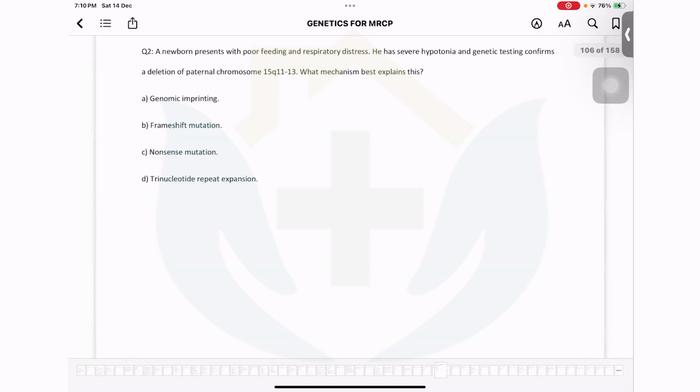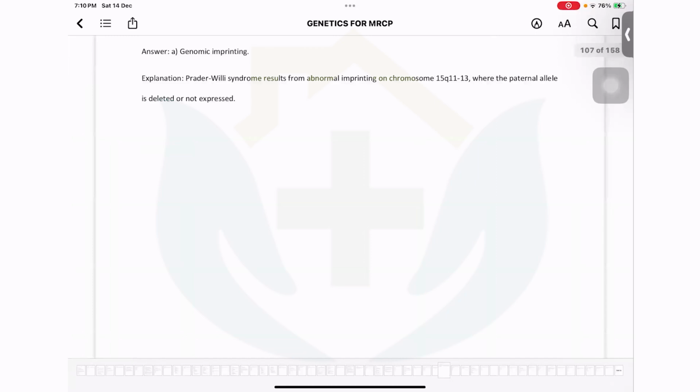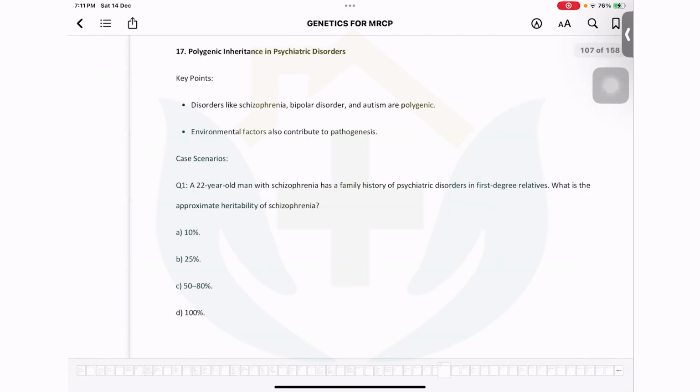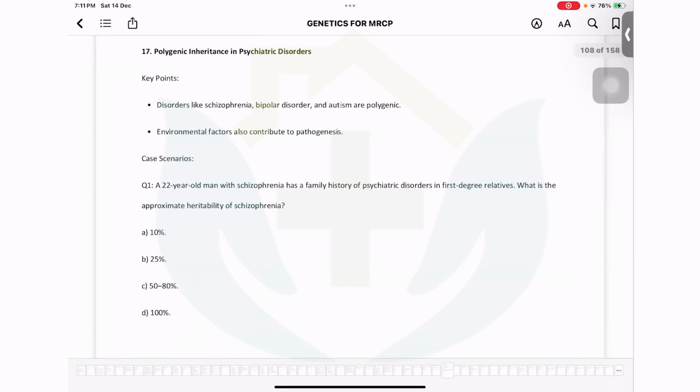What is the best mechanism that explains this? Genomic imprinting. Prader-Willi. And if it was the maternal chromosome, then Angelman syndrome. Very good. Now coming to psychiatric disorders. This is basically called psychogenetics.